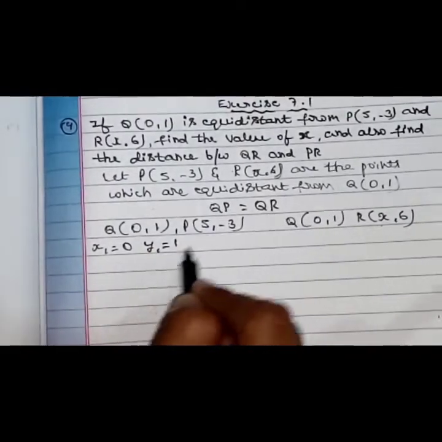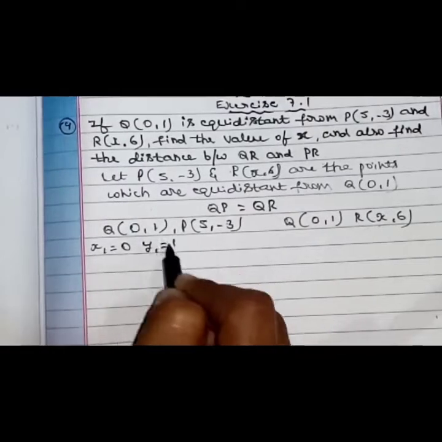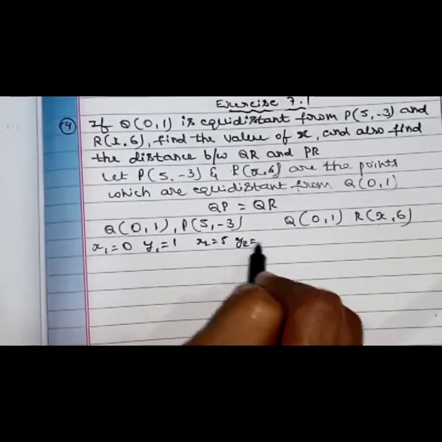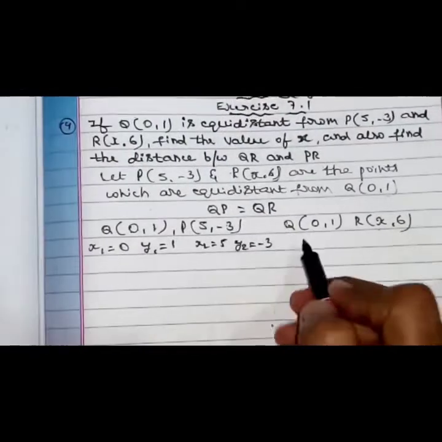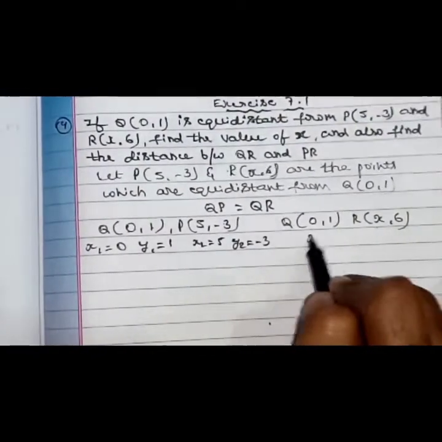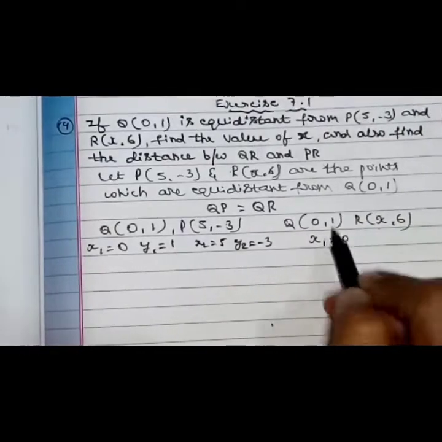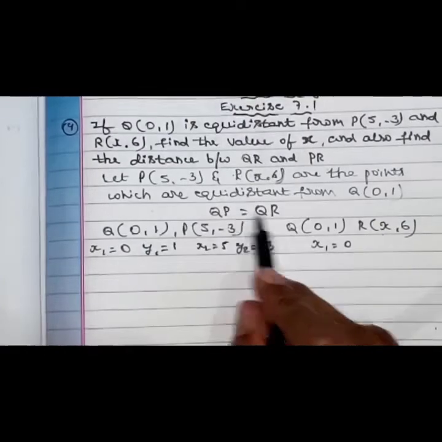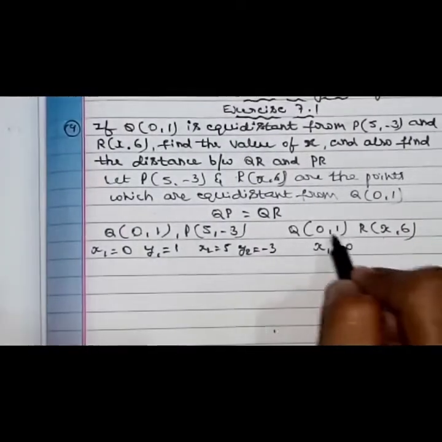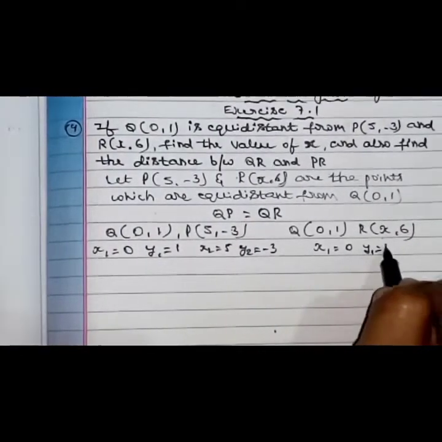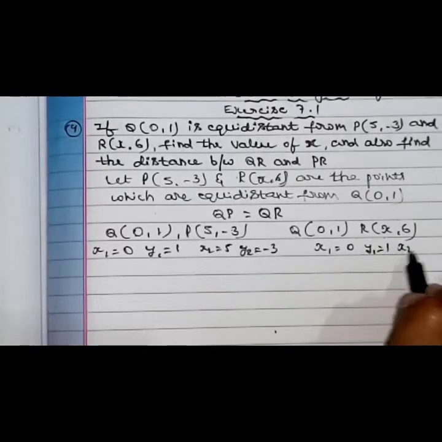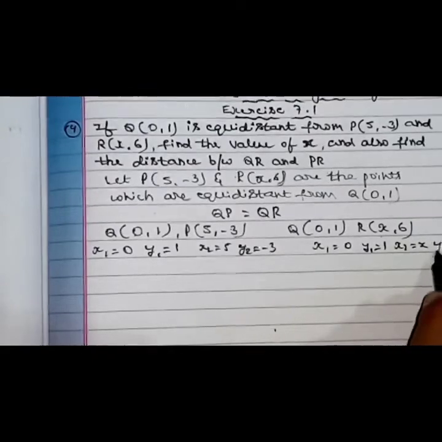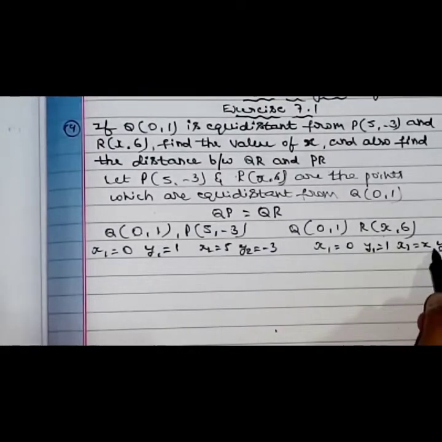So now here x1 is 0, y1 is 1, x2 is 5, y2 is equal to -3, right? Now coming to here, what is the value of x1? x1 is 0. You need to apply the distance formula for both sides, right? So I'm writing here also x1 is 0, y1 is 1, x2 is x, and y2 is 6.